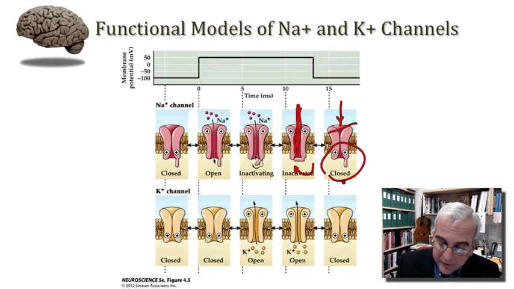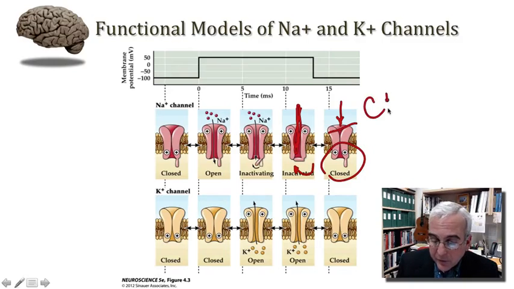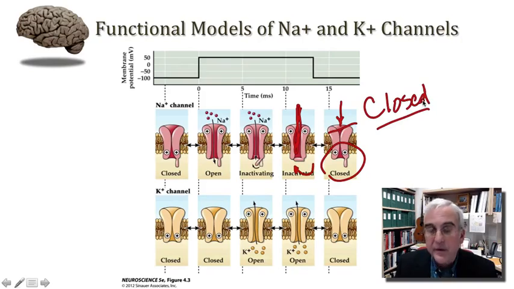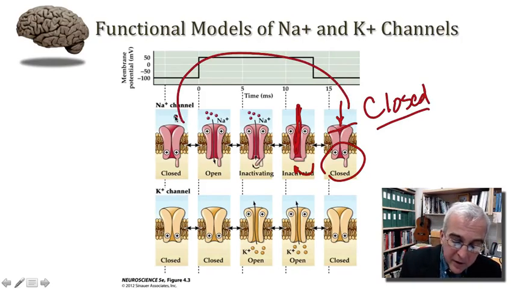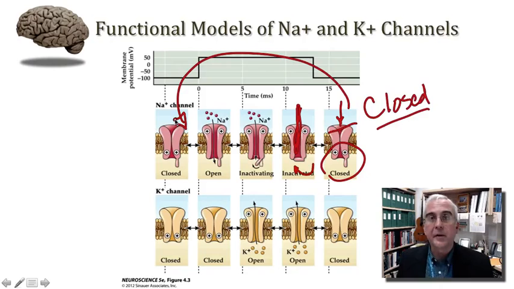However, the inactivation gate has been reset and restored. So when the channel for sodium is back to its closed state, we are now outside of the absolute refractory period. It's possible for this channel to open up again.